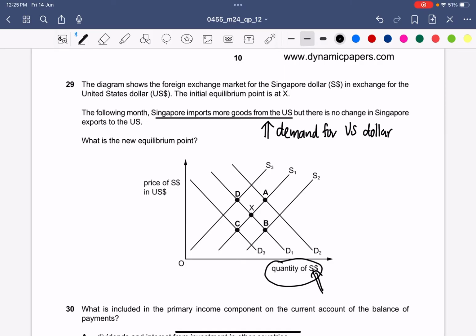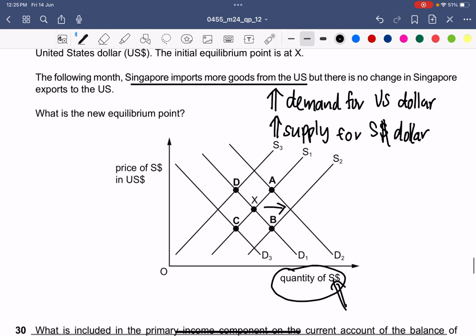And at the same time, this increases the supply for Sing dollar. Why? Because Singaporeans sell off Sing dollar and they buy US dollar. This question is asking about Sing dollar, so you need to increase supply, which is shifting rightwards. New equilibrium point should be B.